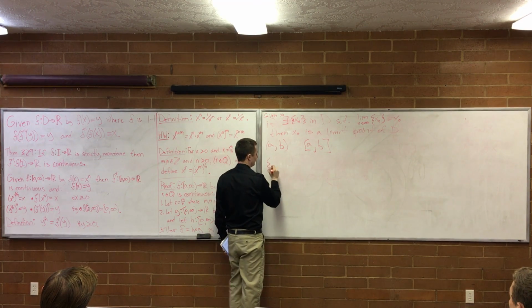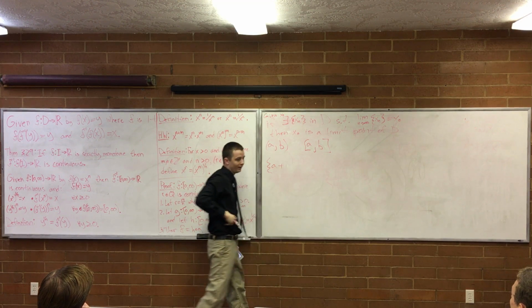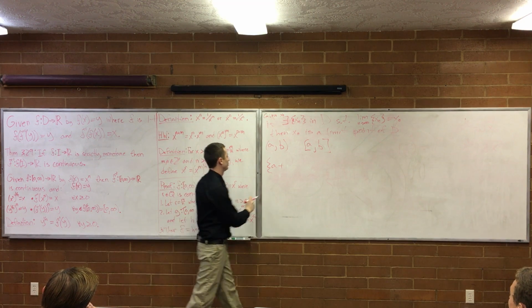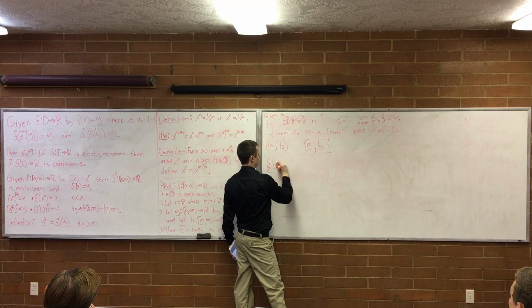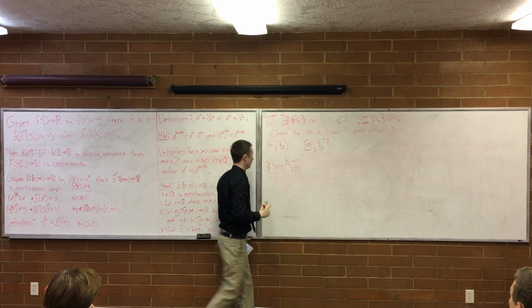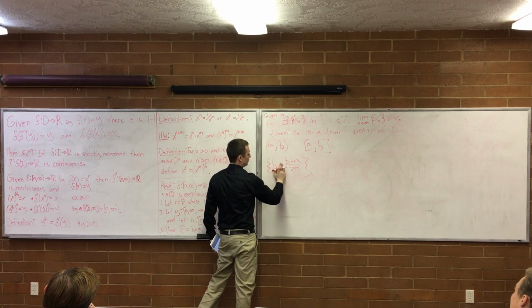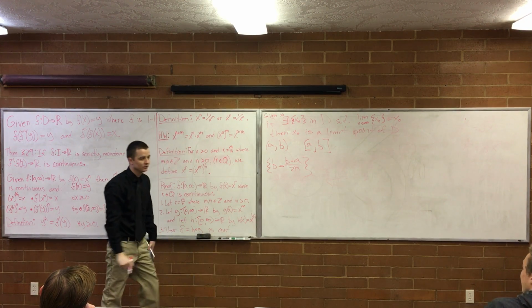I start with an a plus, so I'll help you with that. a plus (b minus a) over n plus 1. Or do a b minus, another way you can do it. We could do b minus the distance between them, divided by something, making the distance smaller than the full distance. Okay, there's something that converges to b.